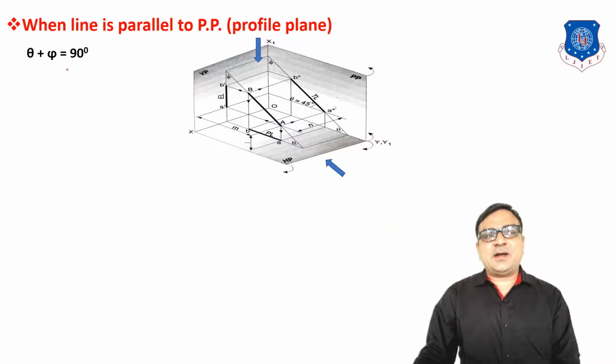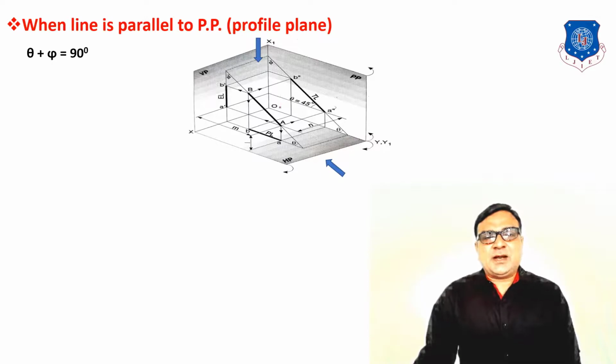If theta and phi sum to 90 degrees, then the line becomes parallel to the profile plane. So for a line parallel to PP, the front view of the line on the vertical plane is a vertical line, the top view of the line on HP is also a vertical line, and the left hand side view, the projection of the line on the profile plane, is always the true length, A double dash B double dash.